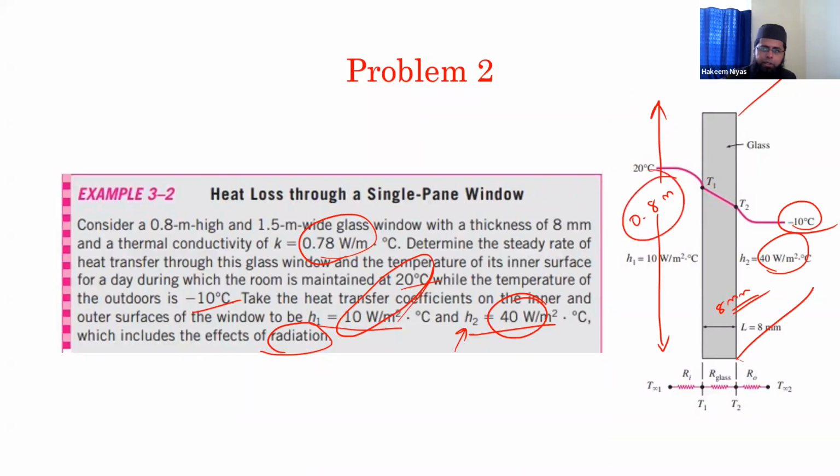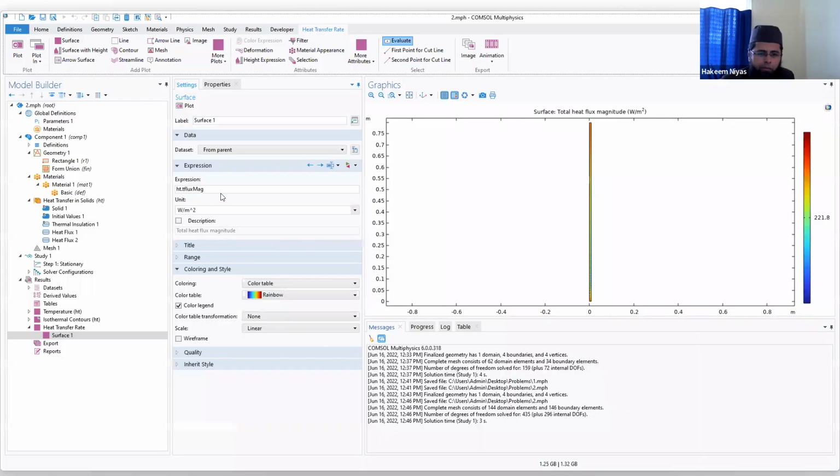So 0.8 into 1.5, it's about 1.2 meter square. We have to multiply by that, into 1.2 meter power 2. It's in watt now, and you can see exactly 266.16 is the answer.